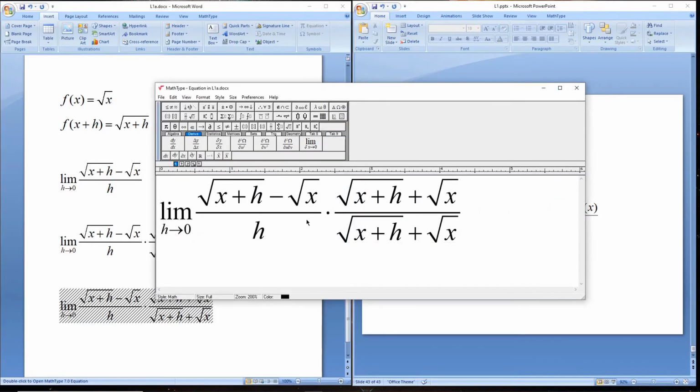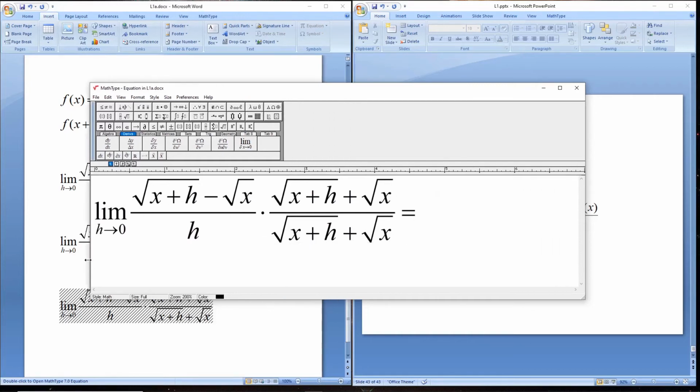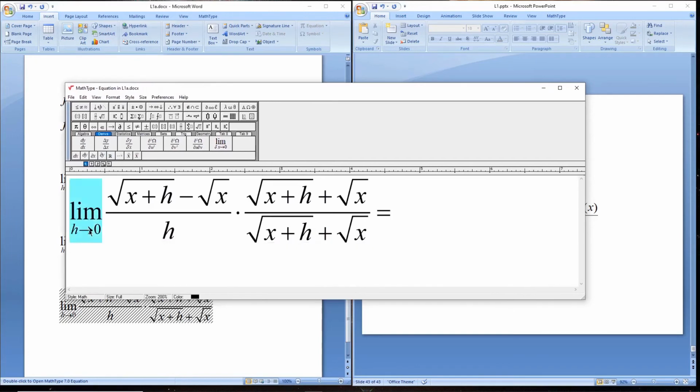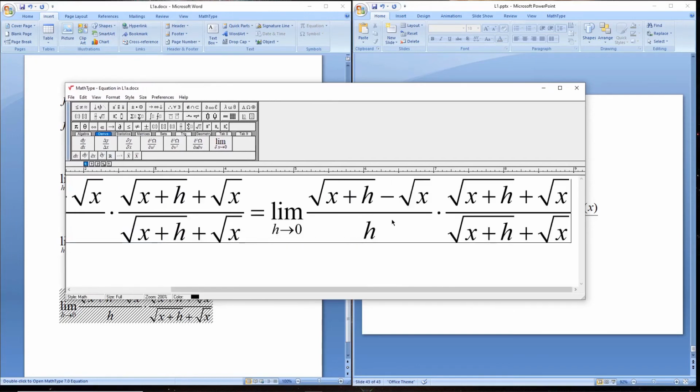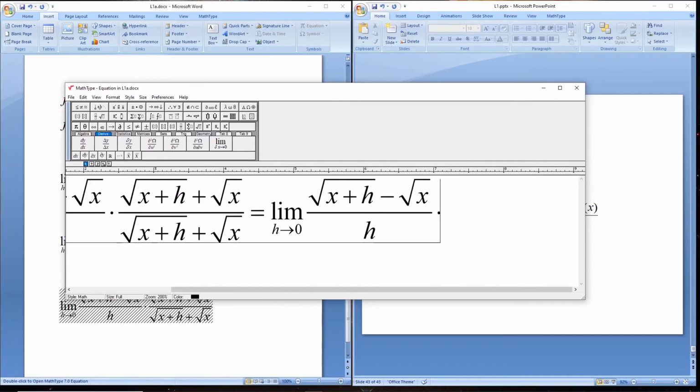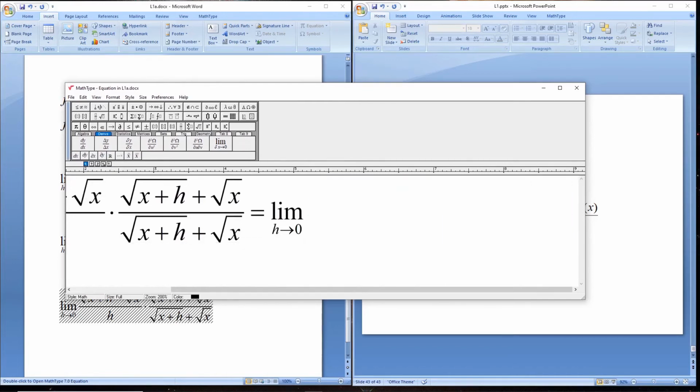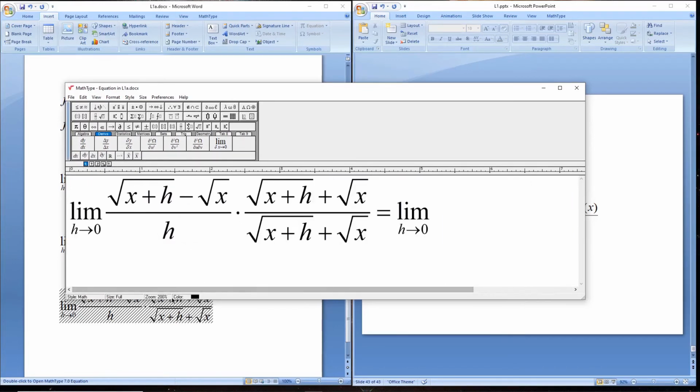So let's do that. Let me write that all out. In the numerator, we have square root of x plus h times the square root of x plus h, which is x plus h.